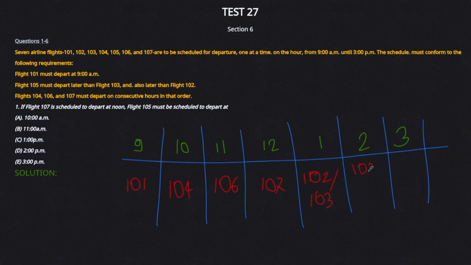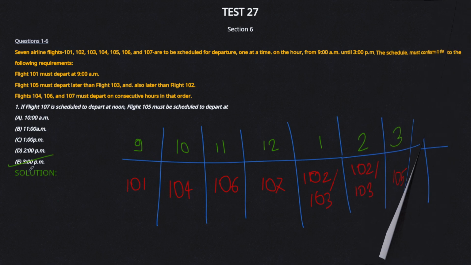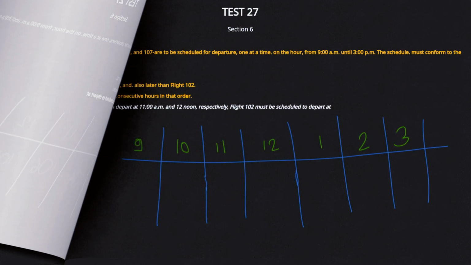Again, one of 102 or 103 will go here. And then 105 has to leave later than those two. So the only time 105 can leave is at 3 p.m. because it has to leave later than 102 and 103. So our correct answer is E. On to the next one.